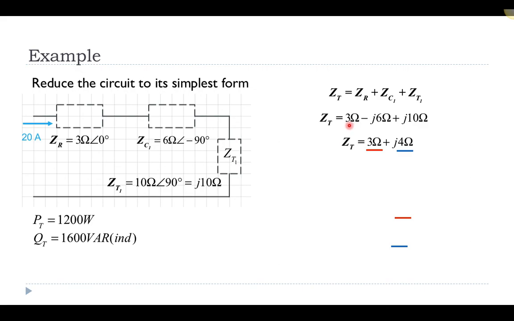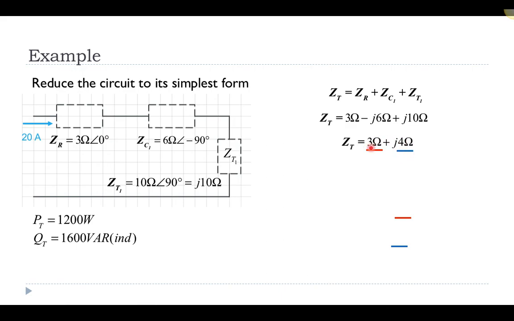When I add them together, the resistive piece in my circuit is 3 ohms, and the reactive components give me a total value of 4 ohms. So I can replace all 3 of these impedance values with a single impedance that's equivalent to one resistor that is 3 ohms and one inductor that has an inductive reactance of 4 ohms.